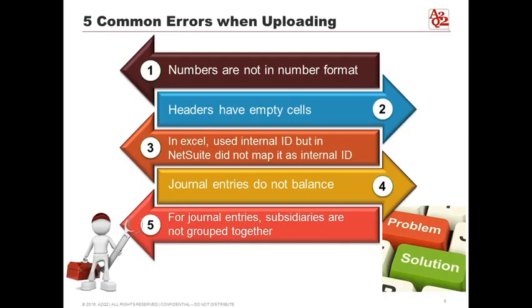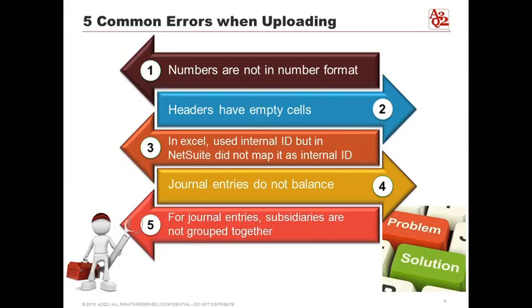If the debits and the credits of the journal entry don't balance, the journal entry will not post. This is a common error because sometimes when the data is exported from the old ERP system, it contains more than 2 decimal places, such as 0.0987. That may round up to 10 cents, but you don't recognize in Excel that it doesn't balance.